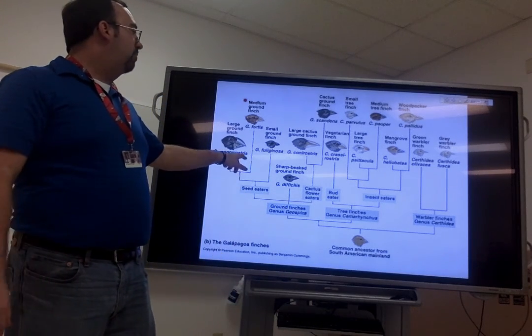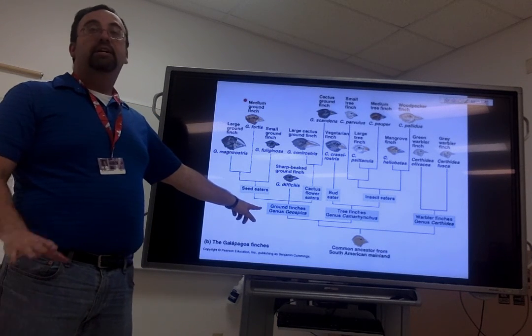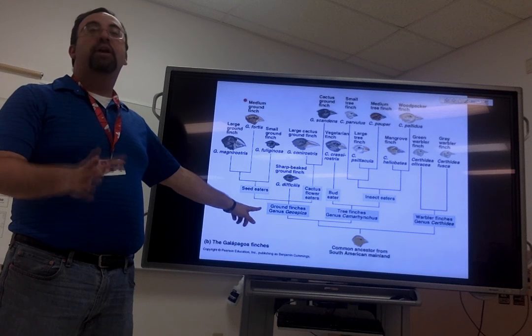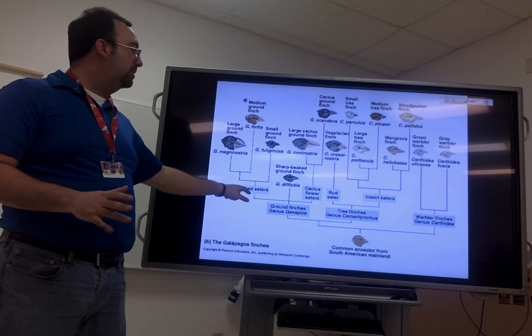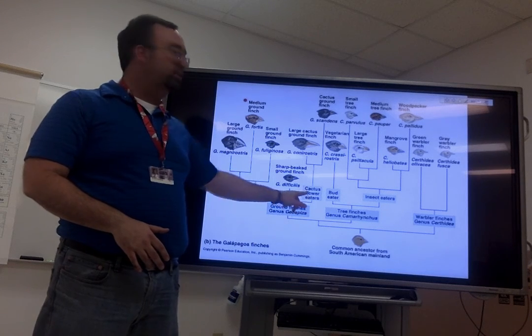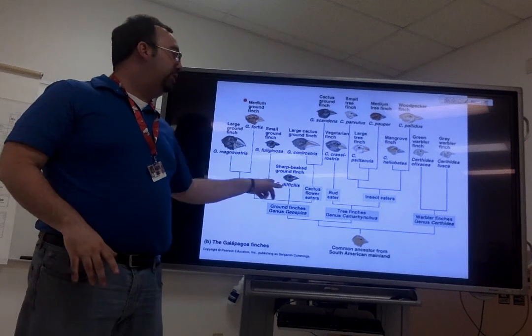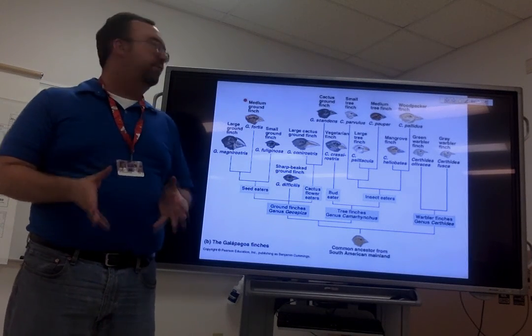From here, we can say, for example, the ground finches differ from each other based upon their dietary needs. We had some that were seed eaters and some that were cactus flower eaters, but they were all still on the ground. Those obviously would be things that could also grow on the ground.